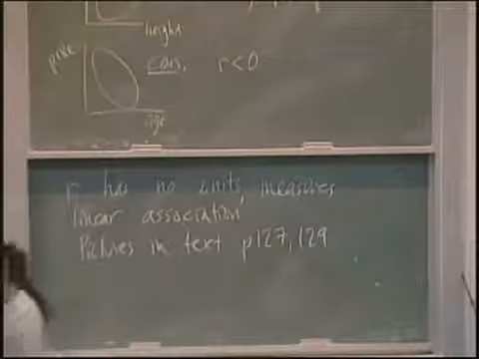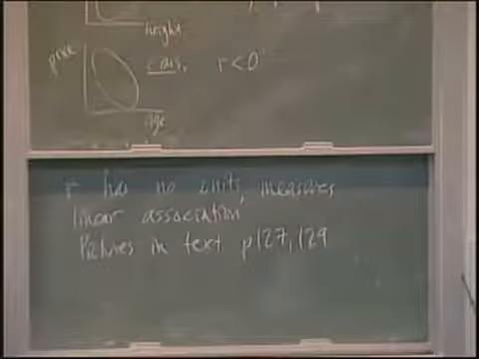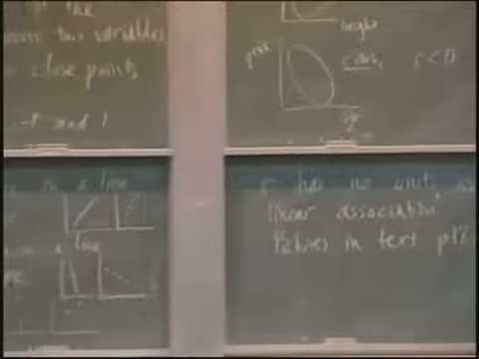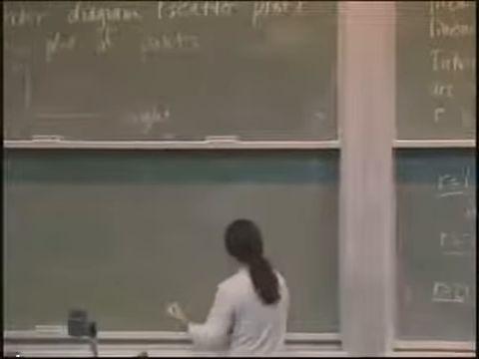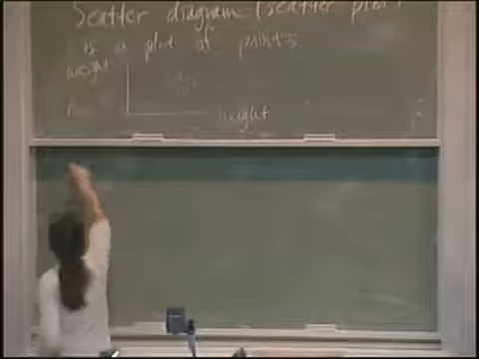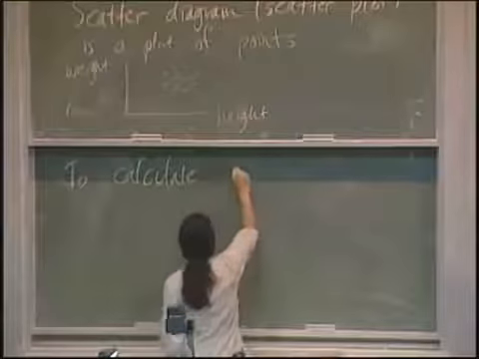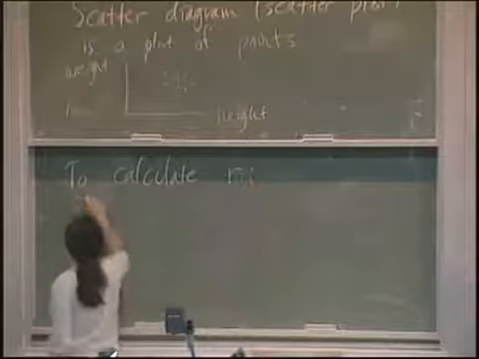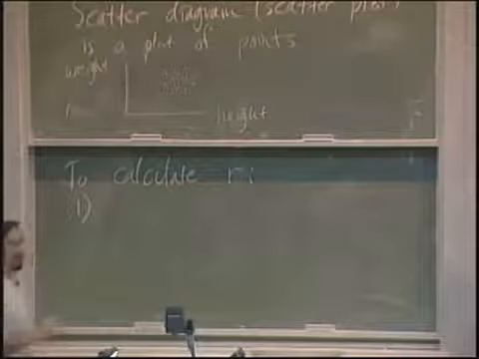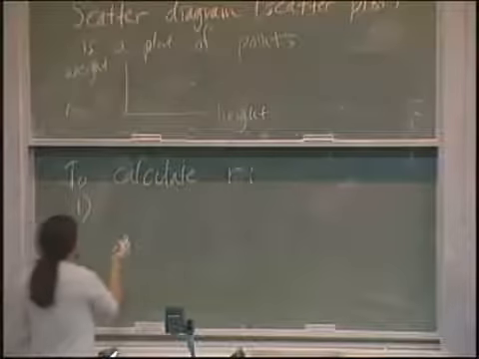Okay, so let me do a calculation. Show you how to calculate it. Okay, so to calculate R, the first step is to convert both x and y into standard units. And this can be time consuming.